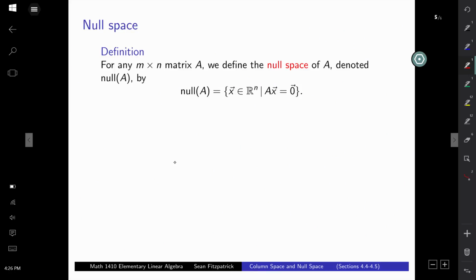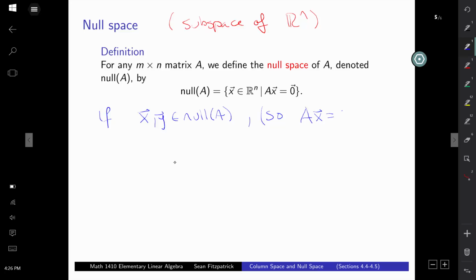The null space is going to be a subspace of Rn. Okay? And the null space consists of all vectors that get sent to 0. Why is it a subspace? Well, notice that if x and y belong to the null space, and what does that mean?